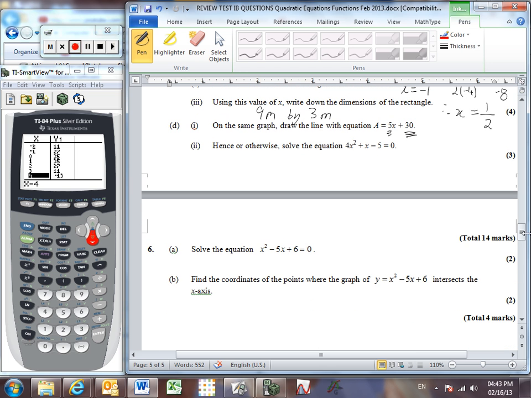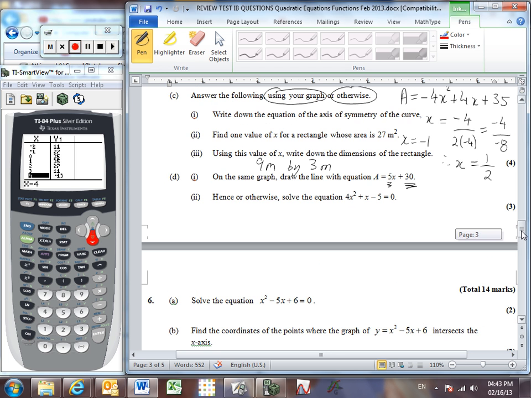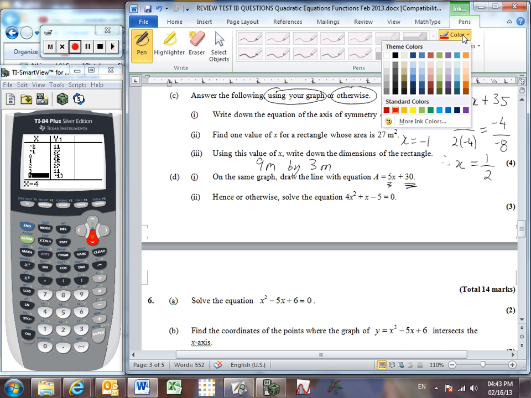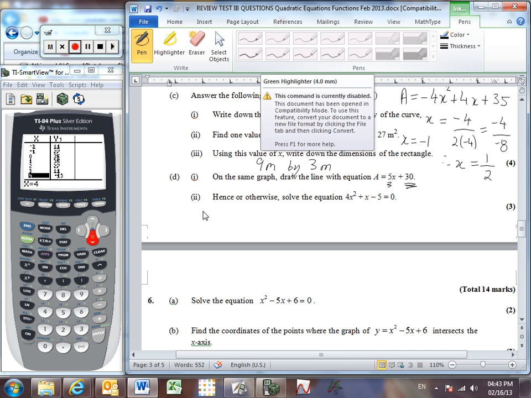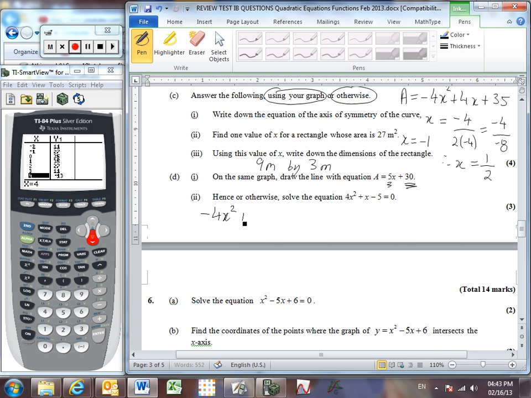Let's come back up to here again. So we're trying to find out where the function is, and remember our function was right here. That's the parabola. So I'm trying to find out where my parabola is equal to the line.